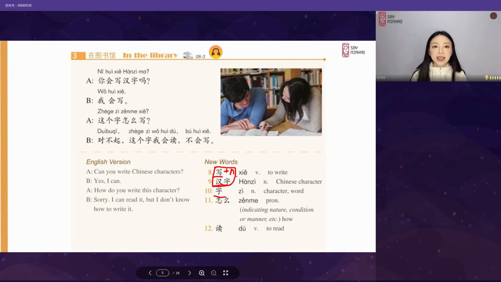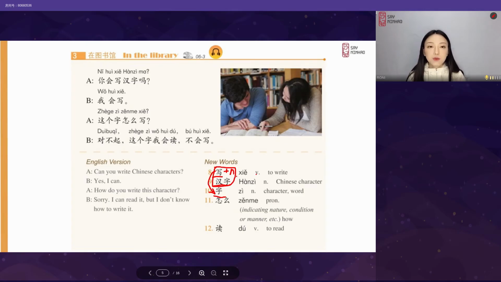写汉字 is write Chinese character. Now try to say write character. It is 写字, right? 写字. Okay, try to say write name. Write name. See any one of you still remember it? 写 what?